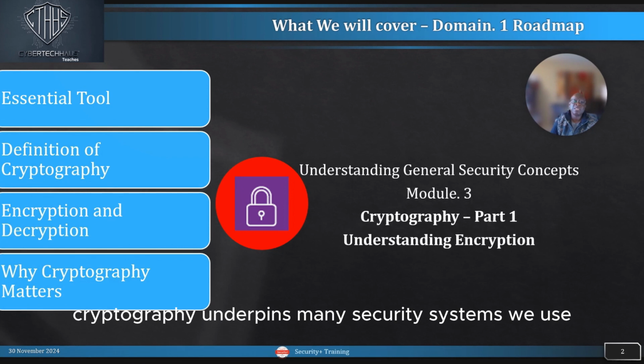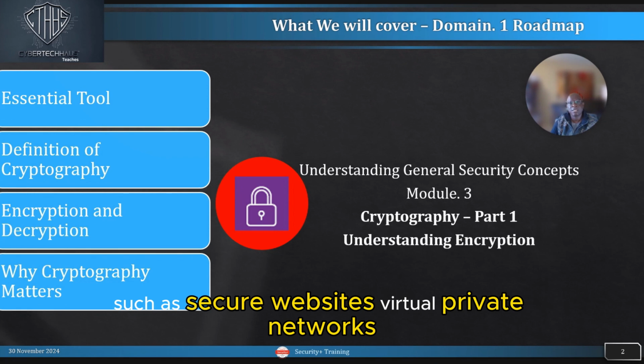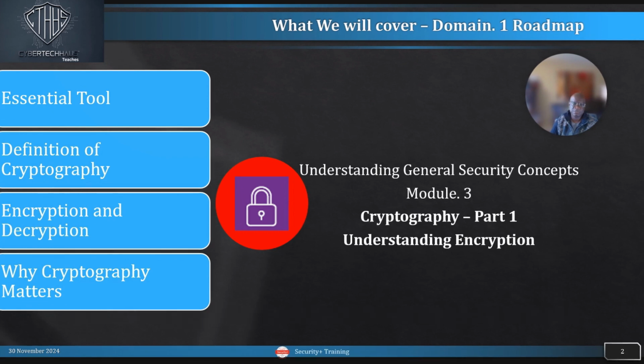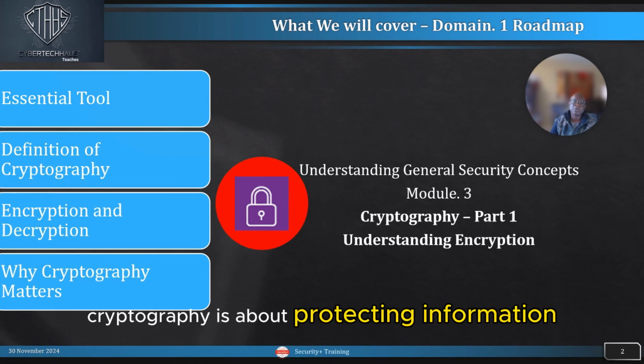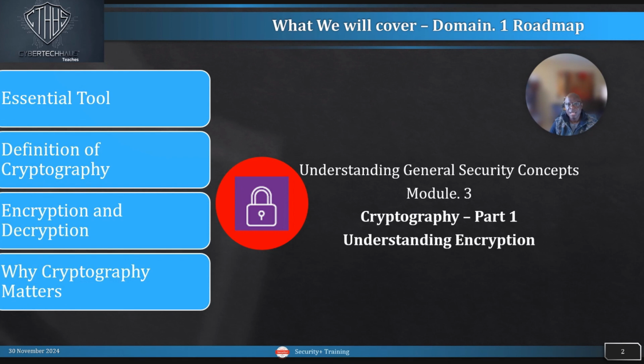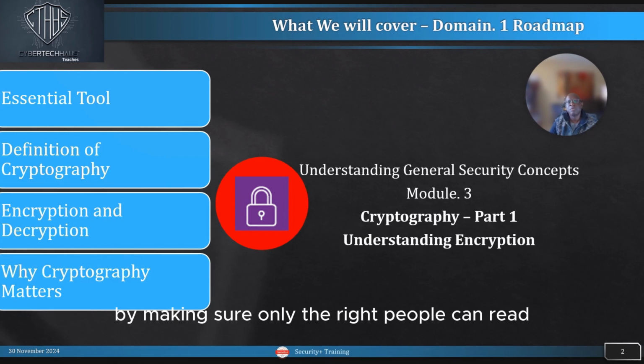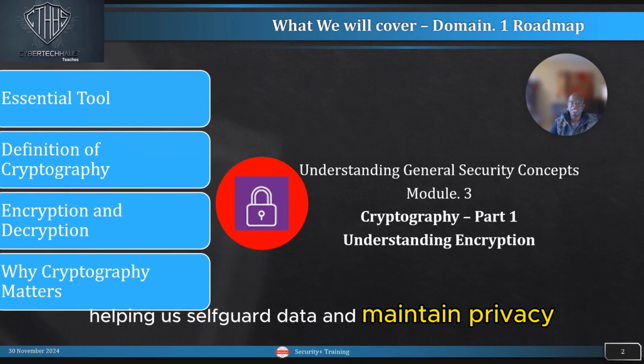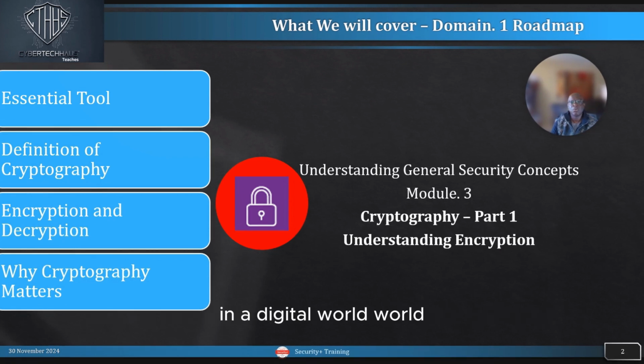Cryptography underpins many security systems we use, such as secure websites, virtual private networks, VPNs, and data protection in messaging applications. In short, cryptography is about protecting information by making sure only the right people can read it. It's one of the foundations of cybersecurity, helping us safeguard data and maintain privacy in a digital world.